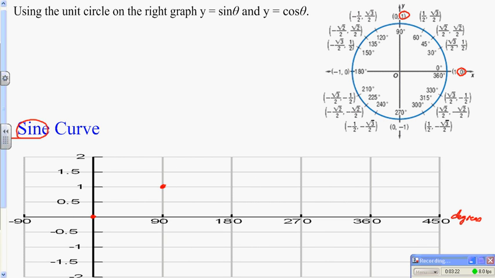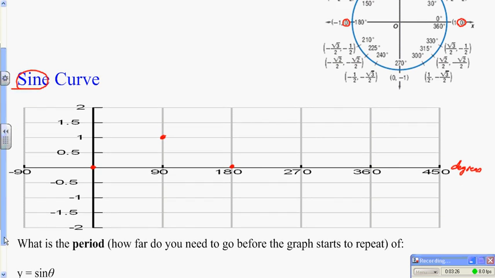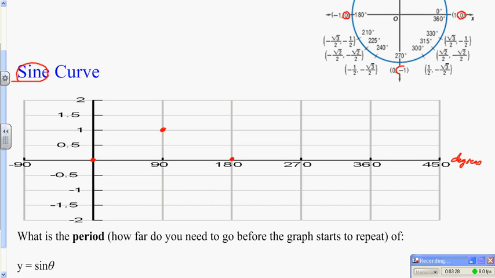At 180, sine is 0 again. At 270, sine is -1. And at 360, it's 0 again. Now, this is not a graph of straight lines, so I'm going to curve this, and if I plotted every point, I know that it curves.